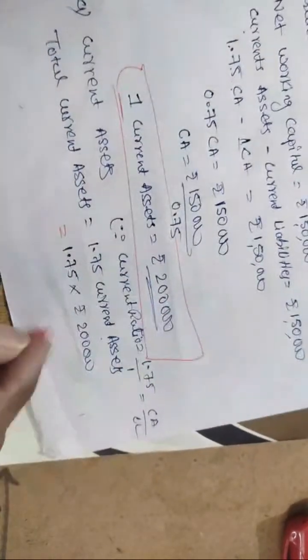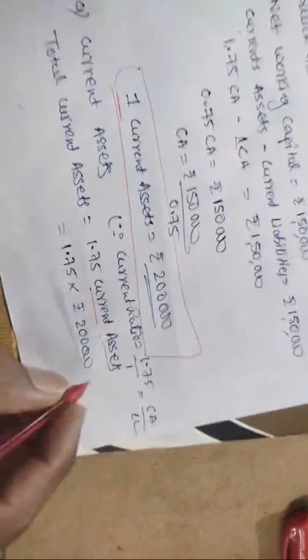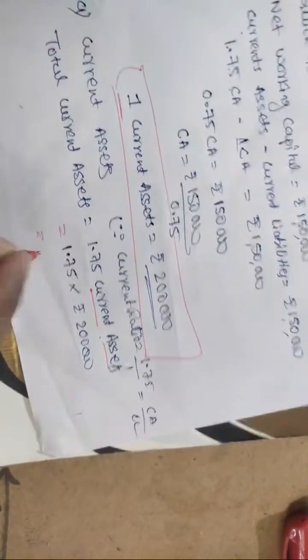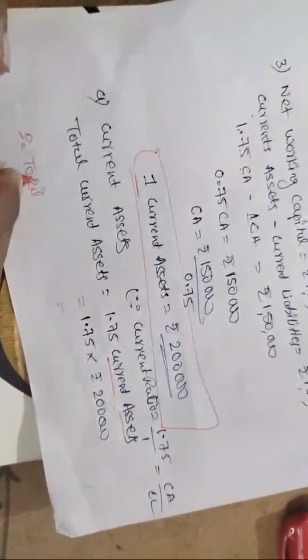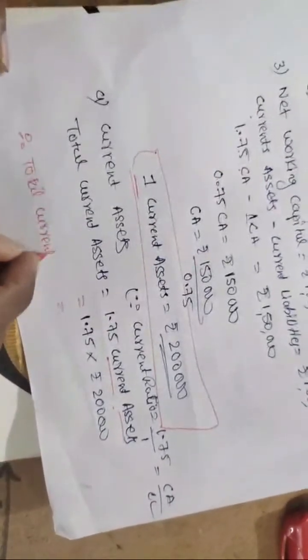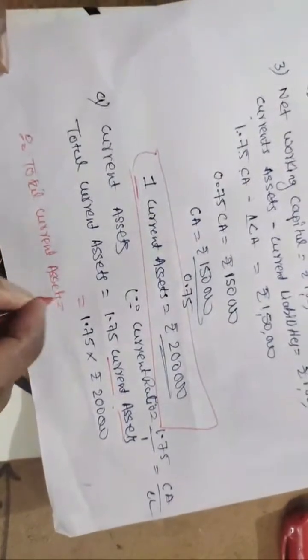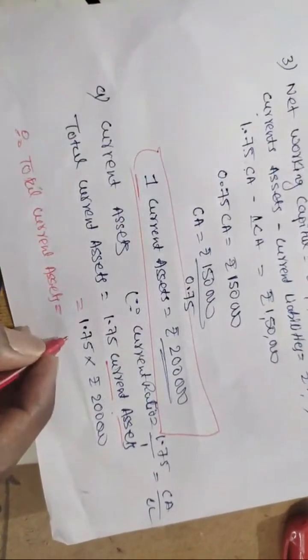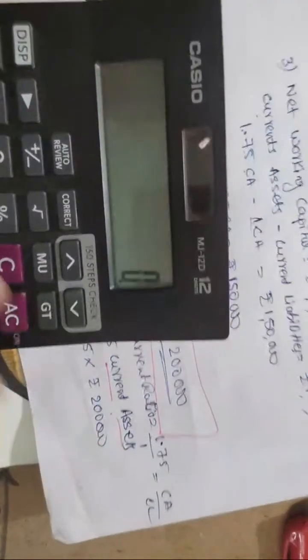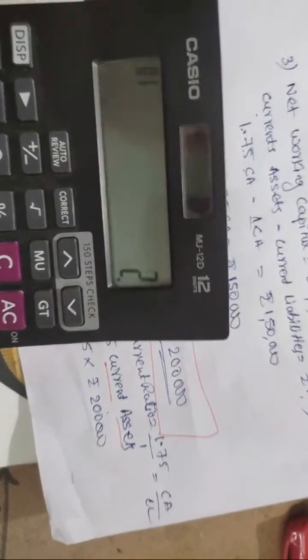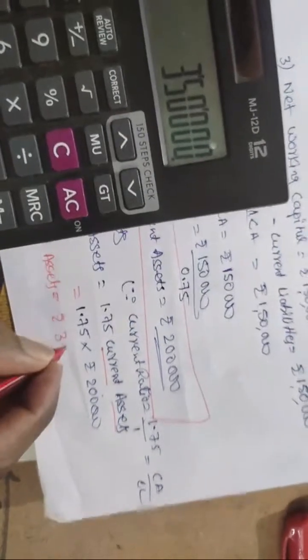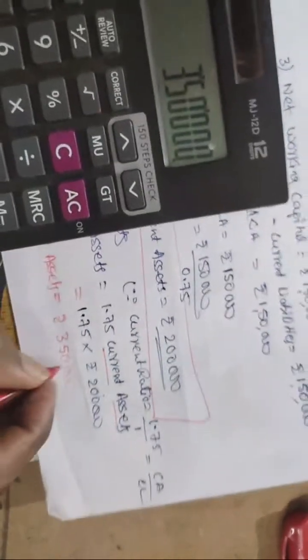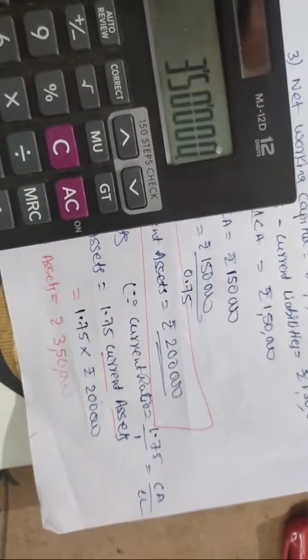Therefore total current assets equals 2 lakhs into 1.75, rupees 3,50,000. This is the answer for the current assets value.